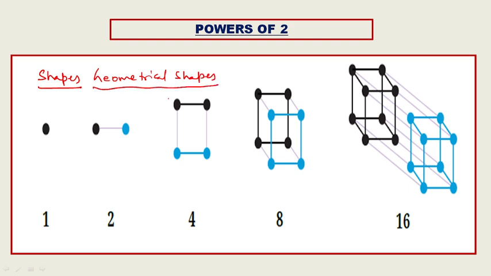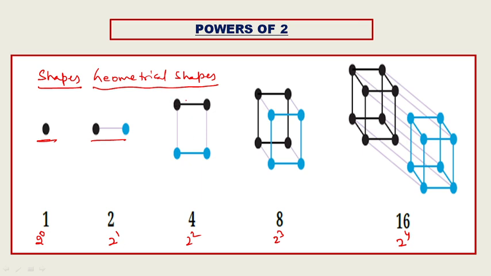Suppose this is 1, only 1 is there. With the help of 2 we can make one straight line. These all are powers of 2: 2 to the power 0, 2 to the power 1, 2 to the power 2, 2 to the power 3, 2 to the power 4.